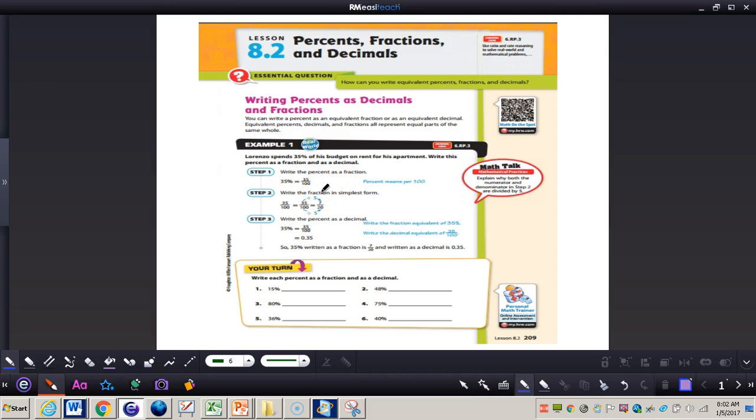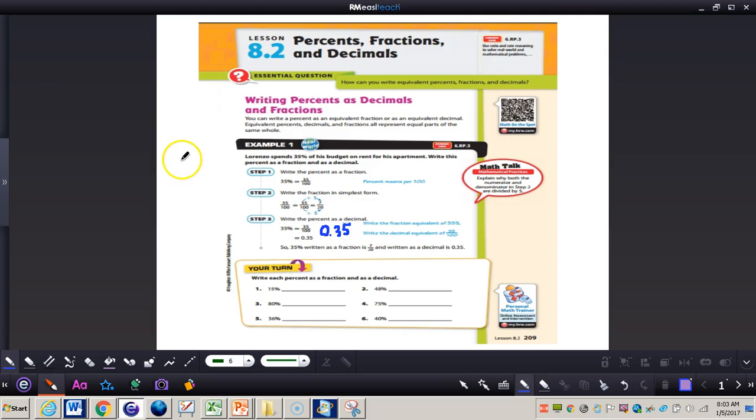All right, so if we're writing 35 hundredths as a decimal, we can just write 0.35. And remember, a percent is always per 100. Okay, so 35 hundredths.